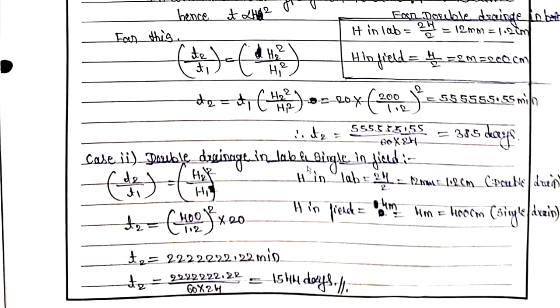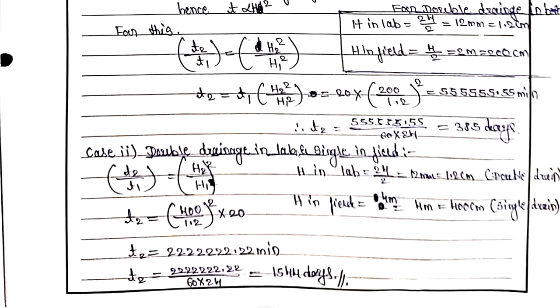Now double drainage in lab and single drainage in field. As we are allowing double drainage in the lab, H is equal to 24 divided by 2, 12 mm, that is 1.2 centimeter, that is double drainage. For single drainage in the field, H is equal to 4 meter, it will remain the same, that is 400 centimeter.